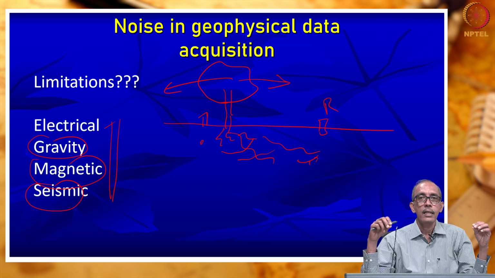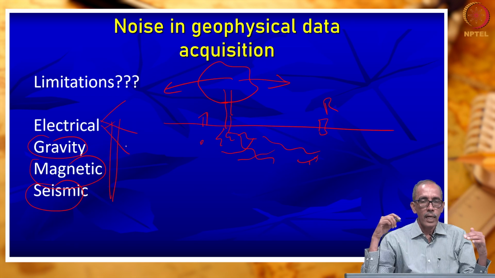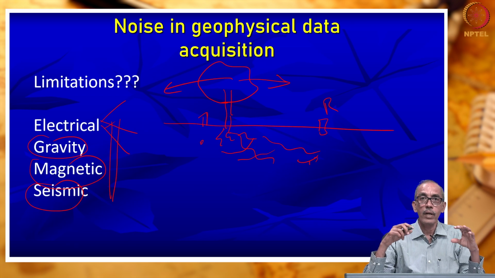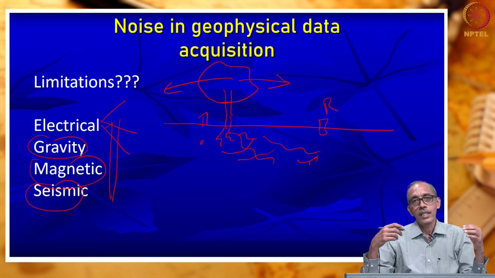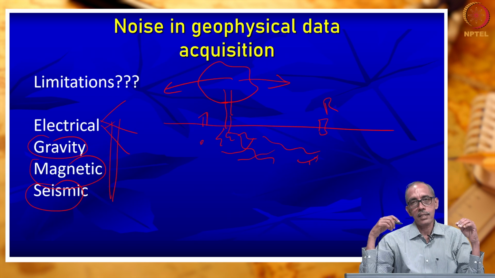Then we had a look into four major methods of investigation. Electrical had three methods. Then we had seen gravity, magnetic and seismic methods. In all the four methods I have explained how we can understand whether the rocks below the surface are melting, and what will be the response of melting of rocks in all the four signals.